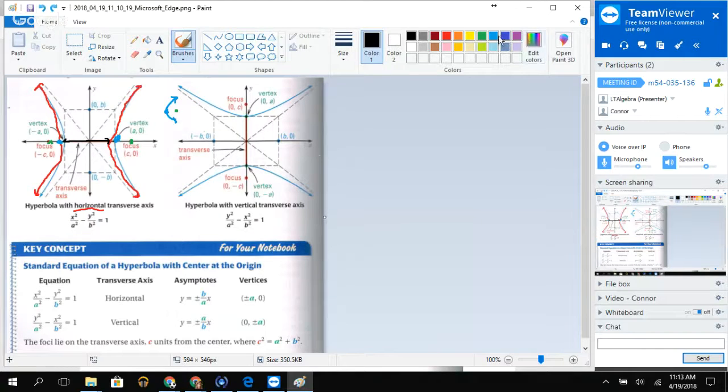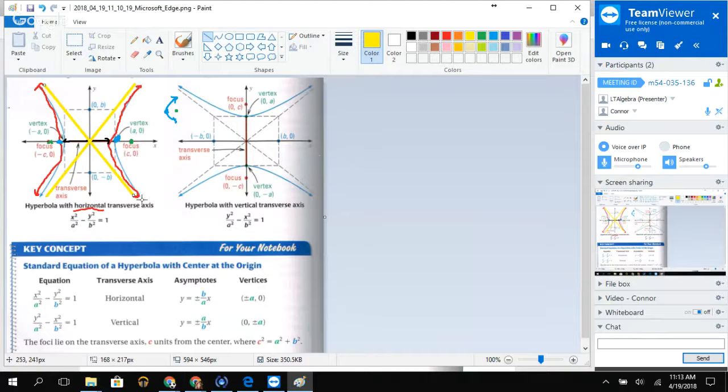I'm going to switch colors. Let's see, yellow. I'm going to use a line tool. There we go. All right, so if you look at this dashed line here, and this dashed line here, much better, those are actually the asymptotes of our hyperbola.